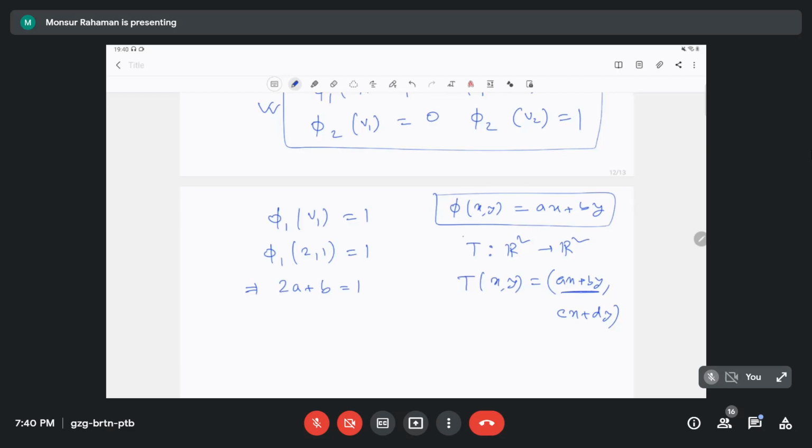Every component is a linear function of the previous components. It will not be x square or sin x cos x; it will be a linear function of x and y.